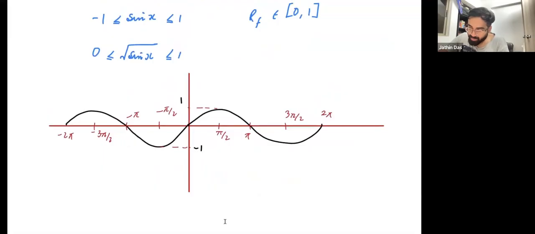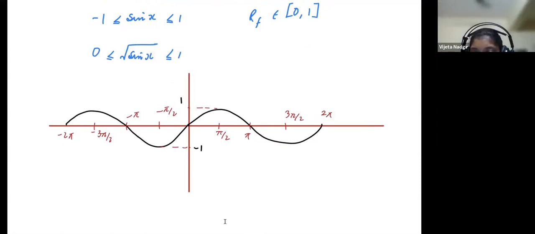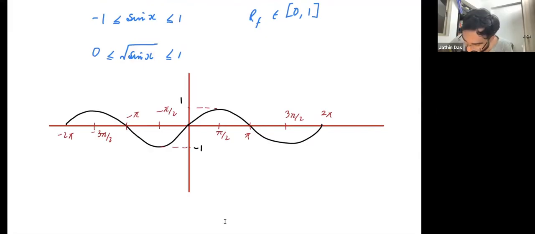Now, I have to put those values of x such that sin x is always positive. Meaning, it should come above the x-axis. Correct? So it is always this, either this or this, and so on. And this will get repeated again. 2 pi till 3 pi will come, no?